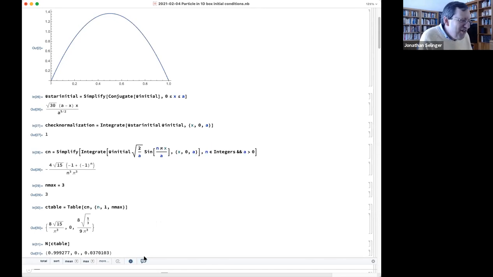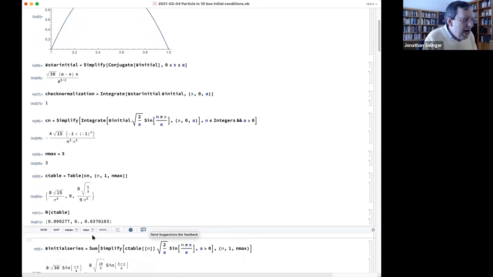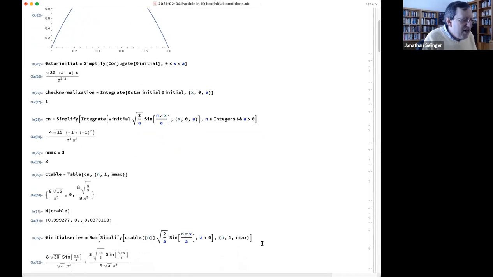But it has a little bit of the third harmonic built into it. If I went up to n equals 5, you would have an even smaller amount of the fifth harmonic built into it.